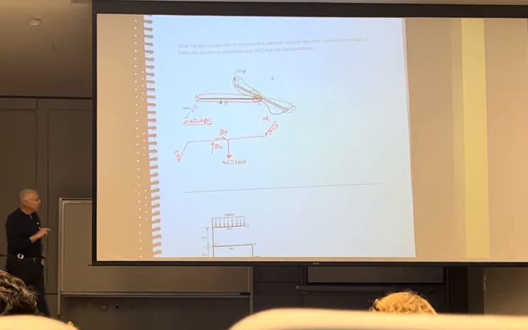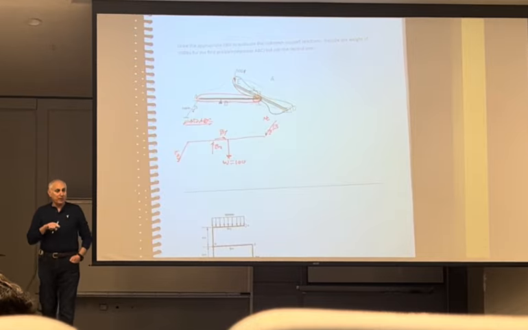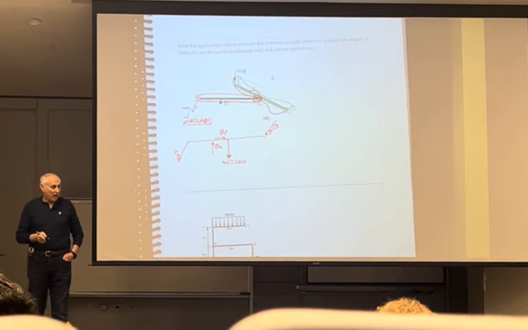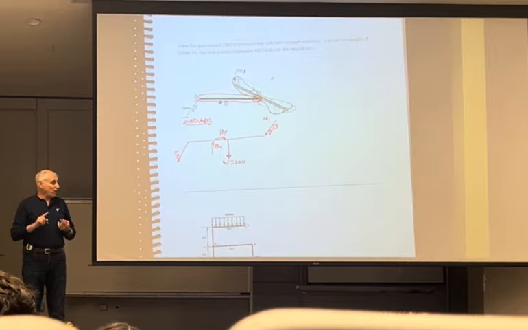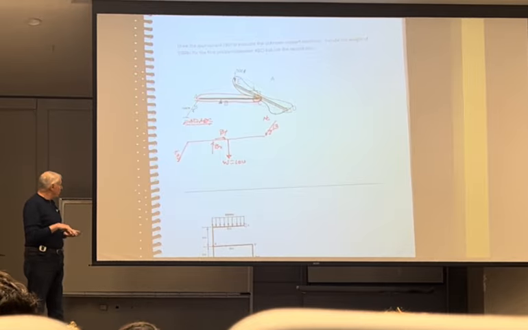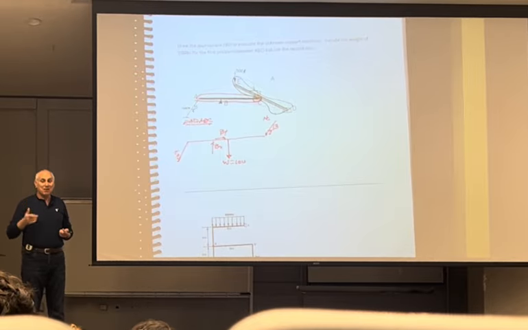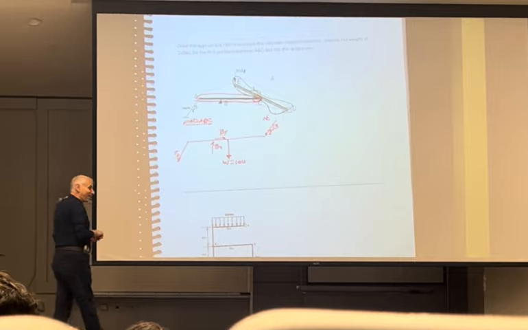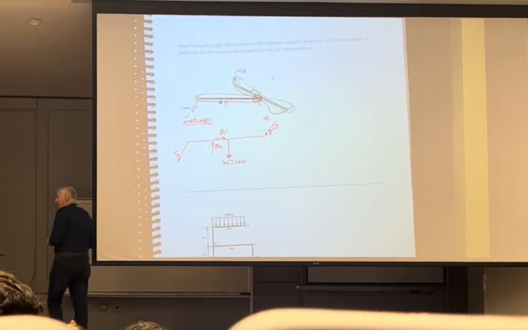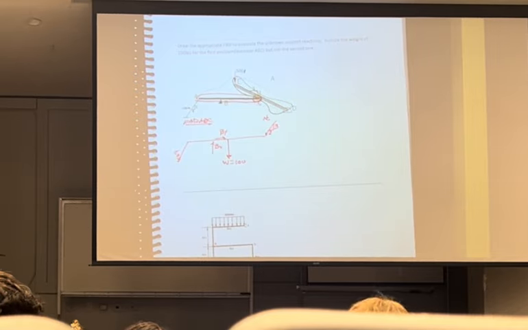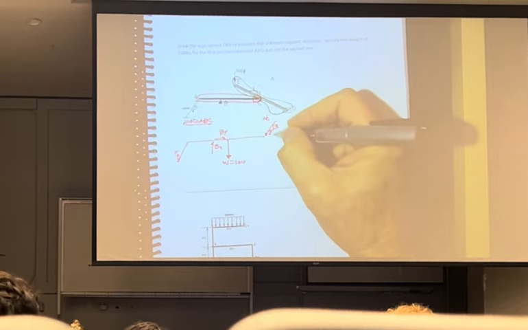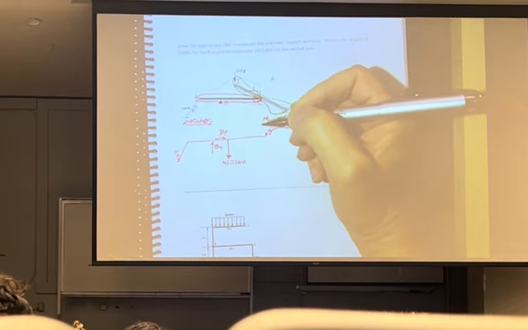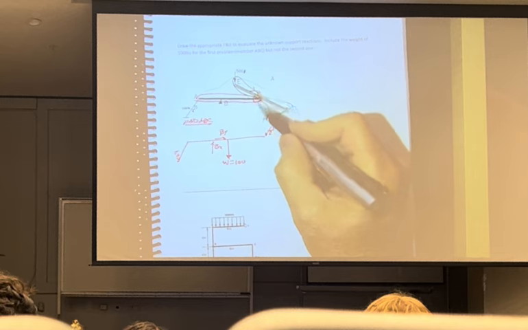Please notice in the diagram it says 3 horizontal, 2 vertical. When I draw the NC, it becomes 2 vertical, 3 horizontal, because it's the complementary angle. If this was 30 degrees, then I'd have the complement, which is 60. But the complement of 3, 2 is 2, 3.